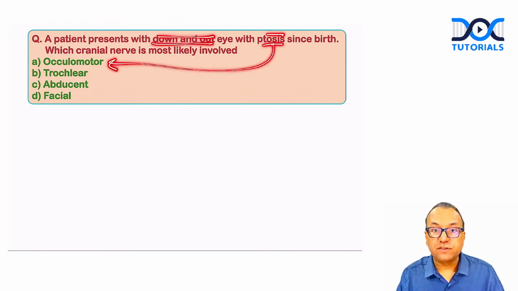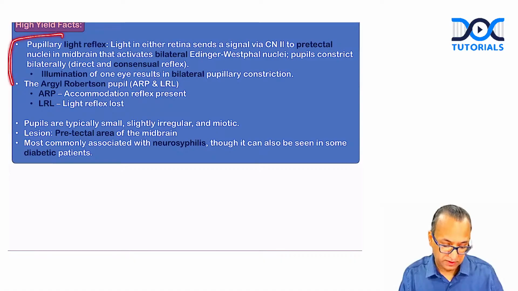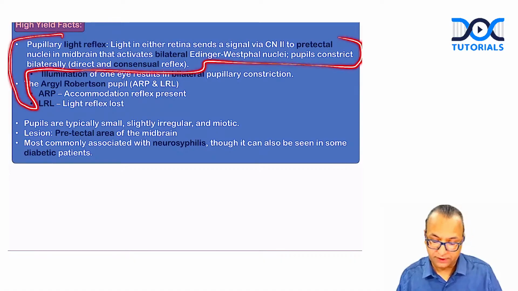Devki, two images given, sir. First image, normal pupil. Second image was light reflex. Light on the first eye shown. Both were constricted. Yeah, so that is also one way of doing things. Devki, I understand. What mechanism? So maybe the mechanism they are asking is this only. Consensual light reflex. Maybe they are asking for consensual light reflex.